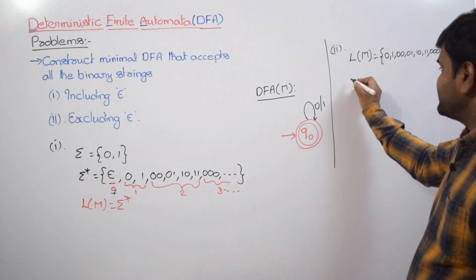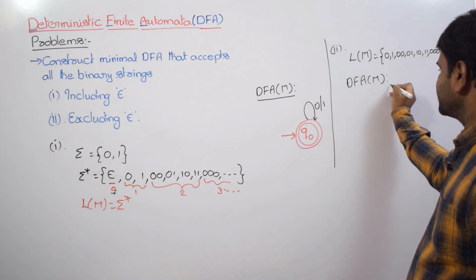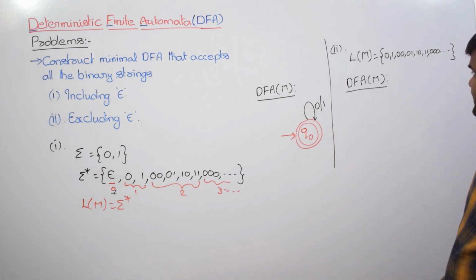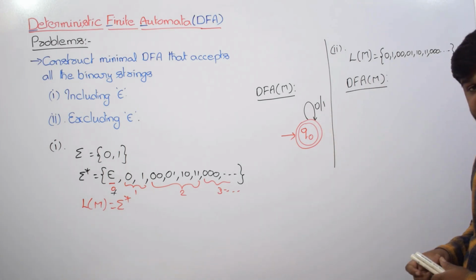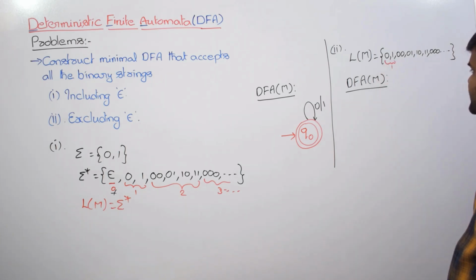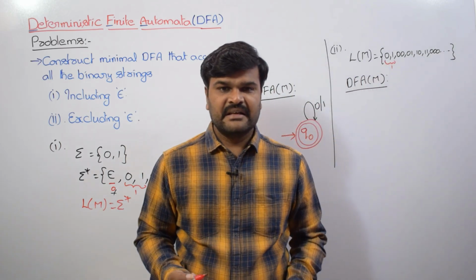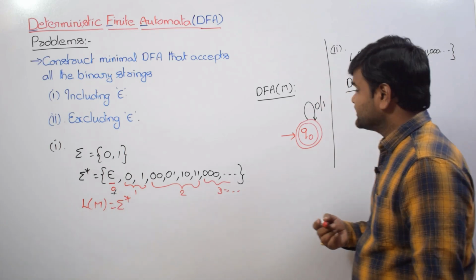Now what is the DFA for the second one? Here, these are the one length words, so the minimum length word is 1.